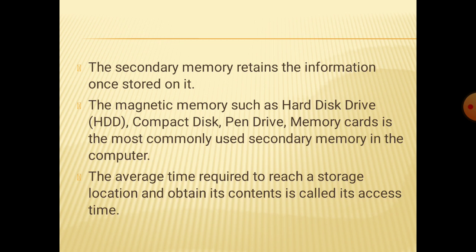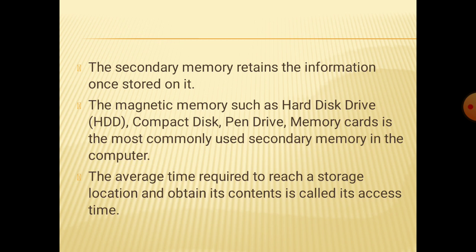Some examples of secondary memory devices are the hard disk drive, which we call HDD, the compact disk or CD, the pen drive and the memory card. These are the most commonly used secondary memory in a computer system.